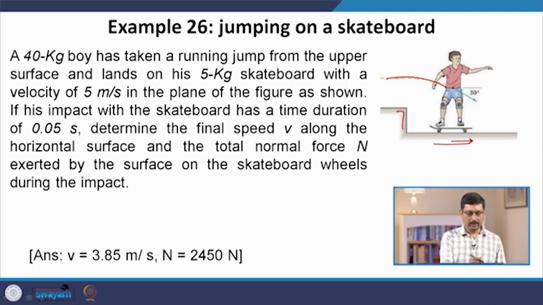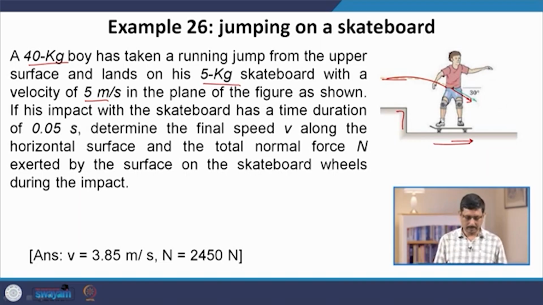There are some details. The mass of the boy is 40 kg and the mass of the skateboard is 5 kg. He jumps with a speed of 5 meters per second, and at the moment he lands on the skateboard, the direction of his motion is 30 degrees below the horizontal.